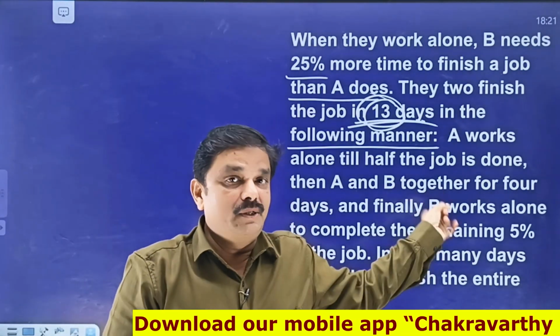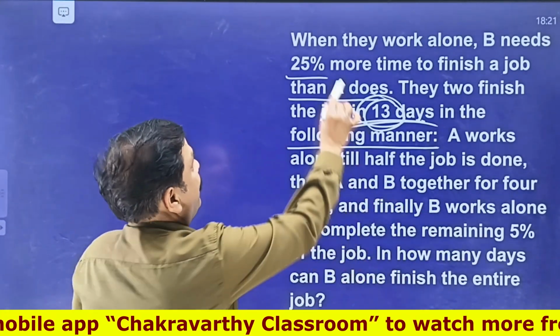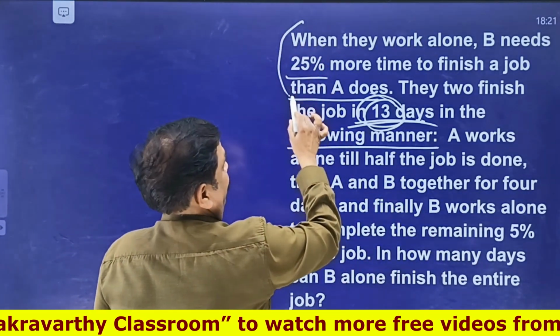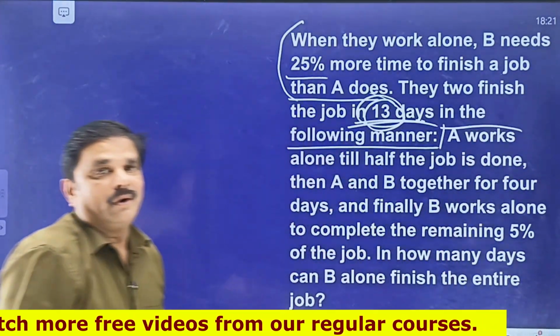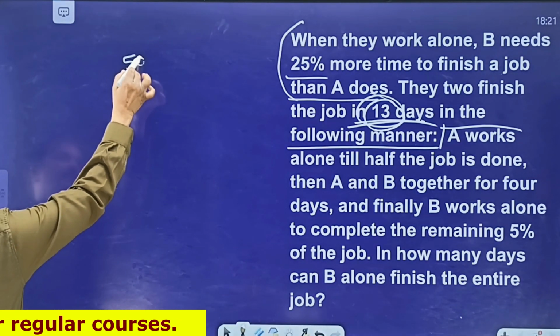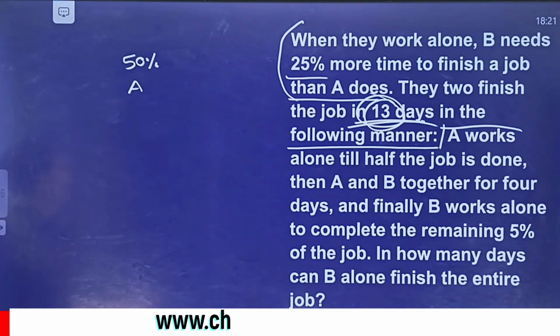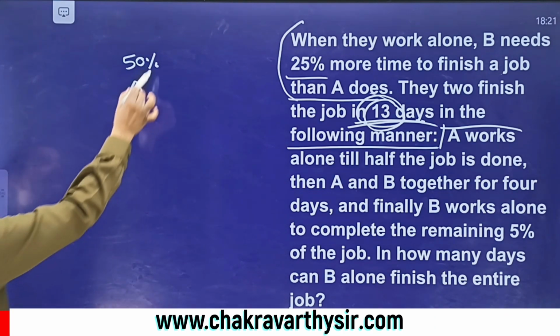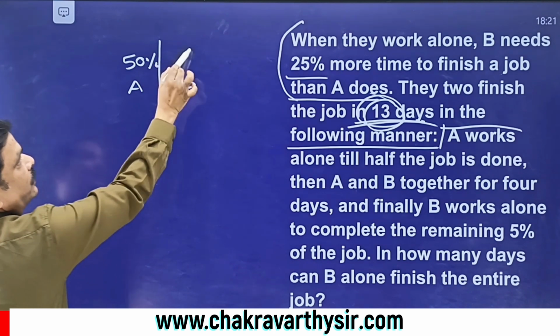Very good clue is there. Just now I told you, with that clue simply you can do that work. First, keep the first clue aside; I'll come back. Let me work from here. A worked for some days and did 50% of the job alone. After that, A and B together finished some job.